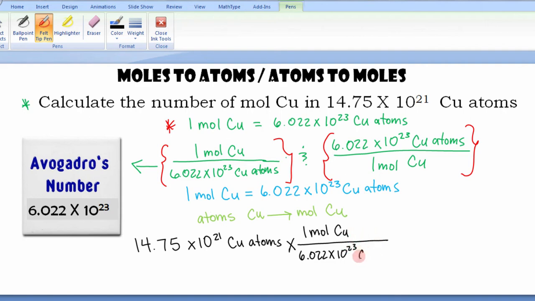So this would be copper atoms. So what happens here? My unit of copper atoms cancels, and that is equal to, put this in parentheses, group that together, 14.75 times 10 to the power of 21 times 1 divided by 6.022 times 10 to the power of 23.